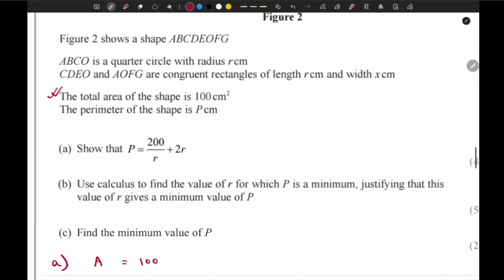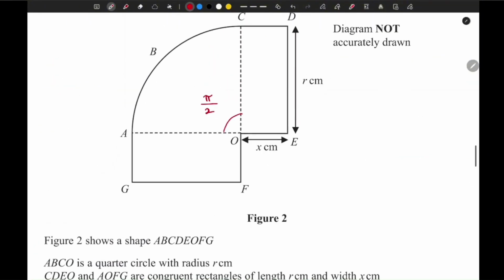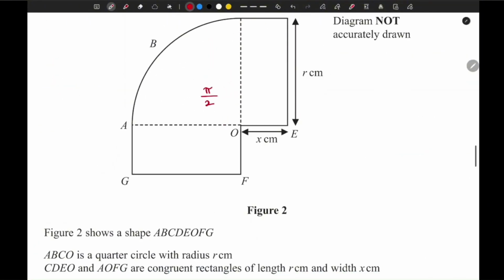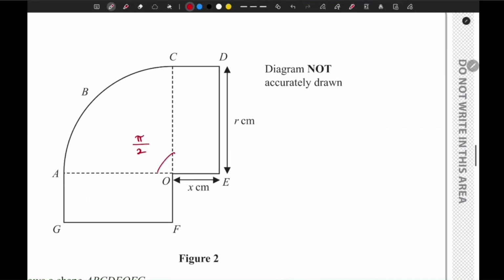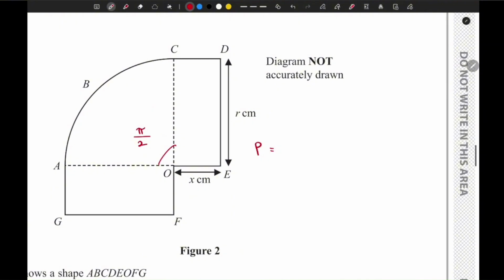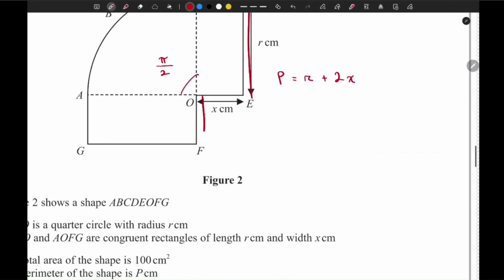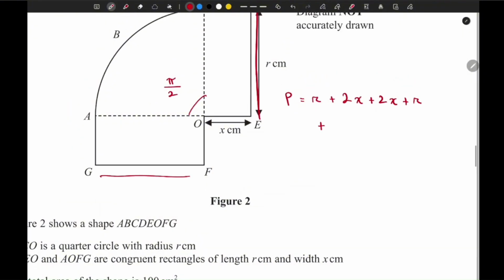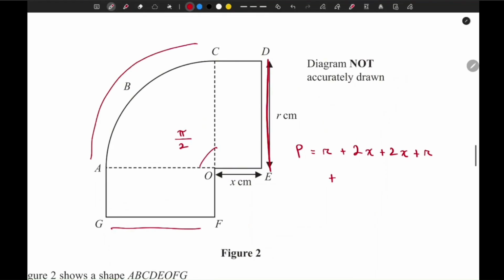Now we can calculate the perimeter of this shape. So we can say that the perimeter will be this length, which is r, plus these two lengths, which is 2x, plus these two lengths, which is 2x, and this length, which is r, plus the arc length of this sector.